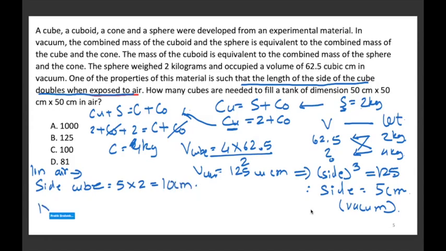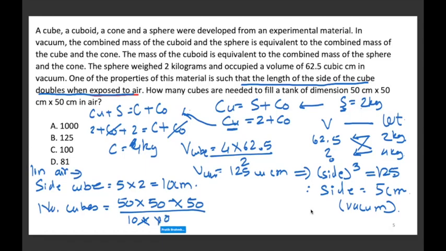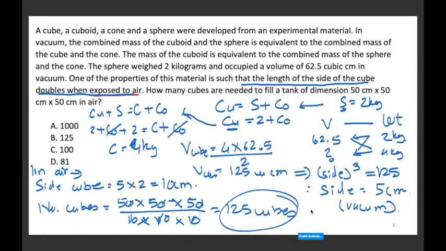So number of cubes to fill the tank of 50 by 50 by 50 will be 50 by 50 by 50 upon 10 by 10 by 10, the 10s will negate, and it will be 125 cubes. Okay, answer is 125, which is option B.